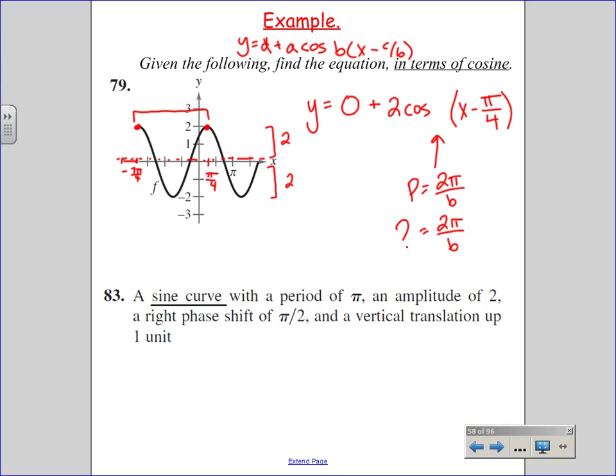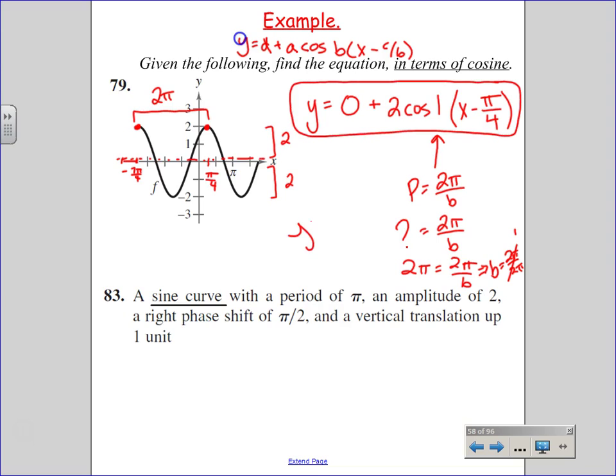And we'd have to go halfway in between, but there's 1 pi over 2, 1/2, 1 whole, 1.5, 2 whole. 2 whole what? So if 2 pi equals 2 pi over B, what must B equal? 1. I could multiply and divide by 2 pi, and 2 pi over 2 pi is just 1.